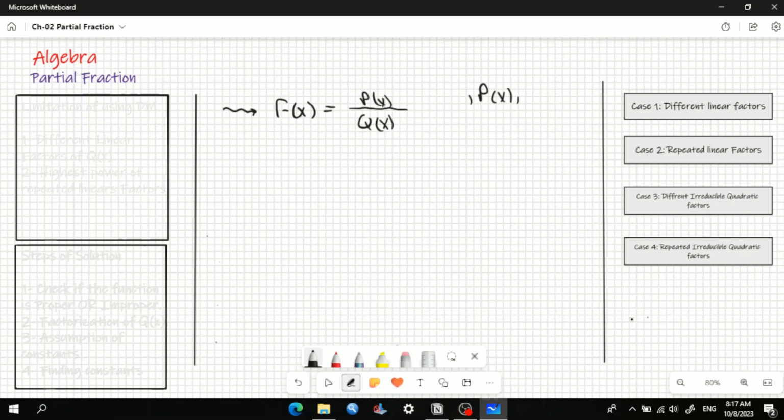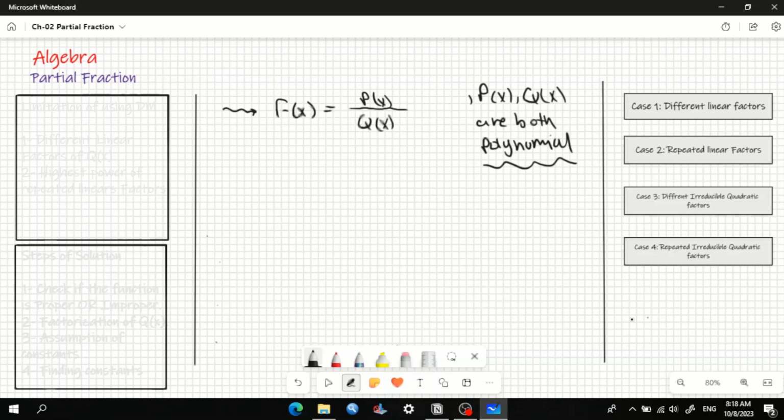p of x and q of x are both polynomials with positive powers of x in all terms.